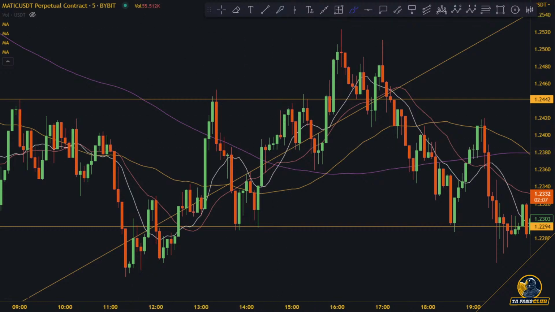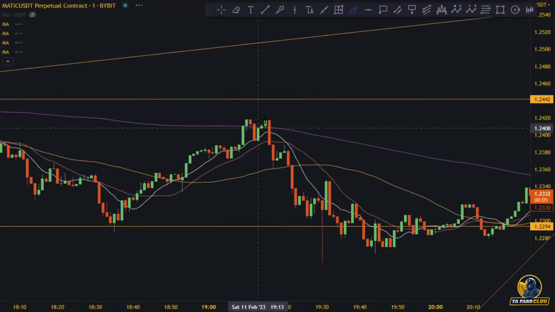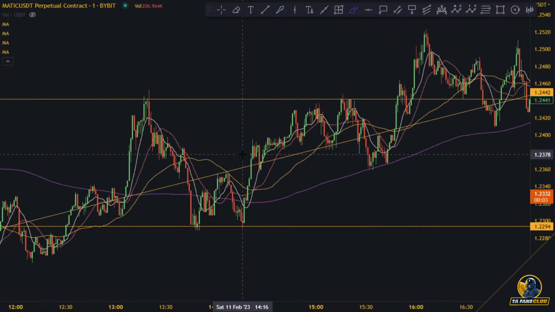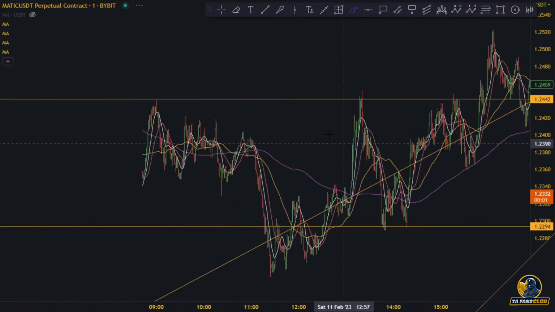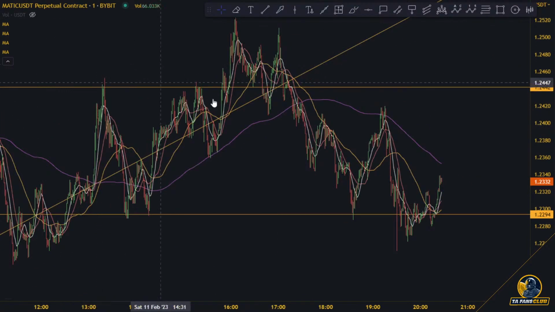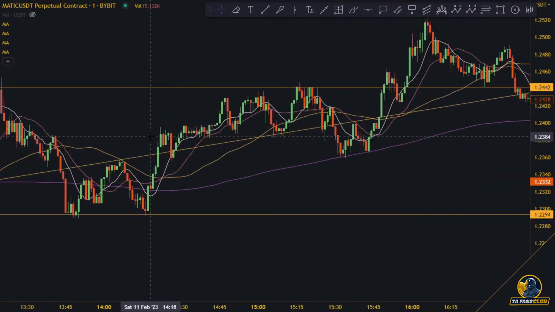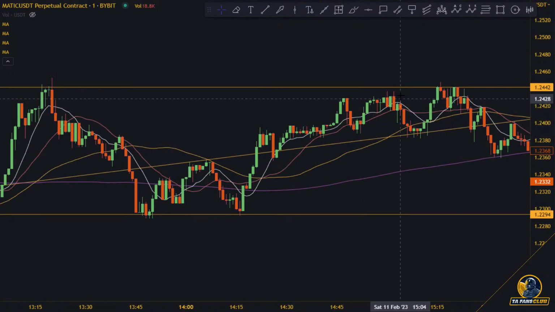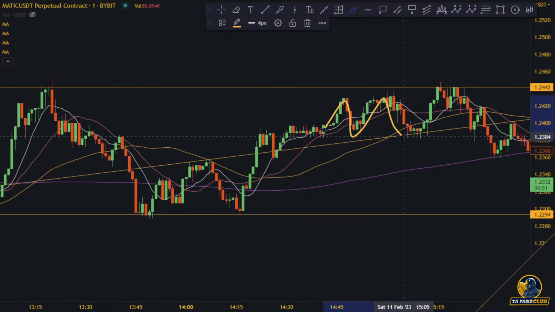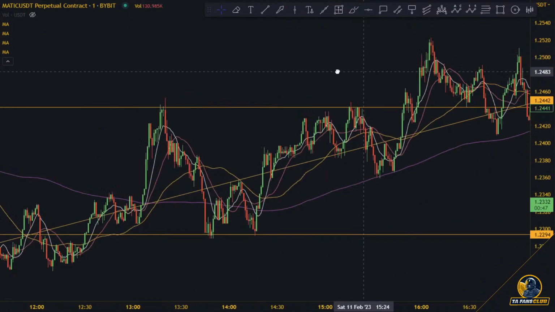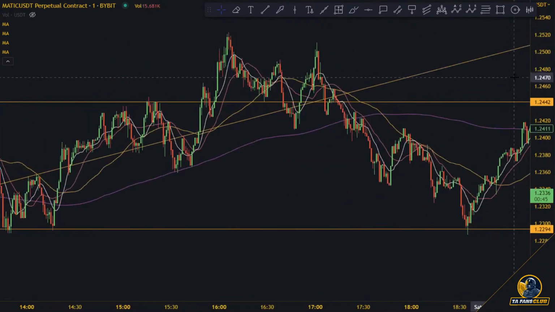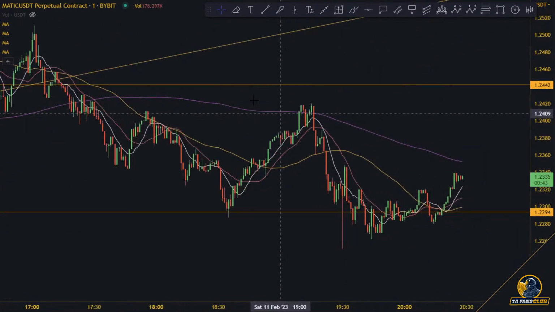Let me see the bigger time frames. Yeah, it was up here somewhere. It went a little bit up and a little bit down, so I exited my trade. Small losses. Solana's were a little bit bigger than small losses, but whatever.